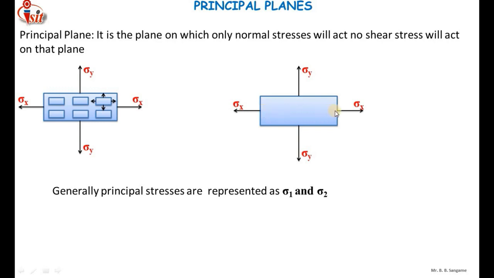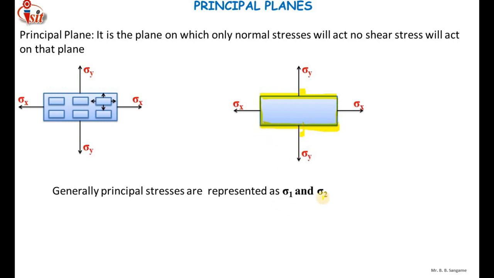So these two vertical faces, let me highlight this, are the principal planes. Also the horizontal faces are subjected to tensile load only. The load is acting exactly perpendicular. So these two planes can also be considered principal planes.